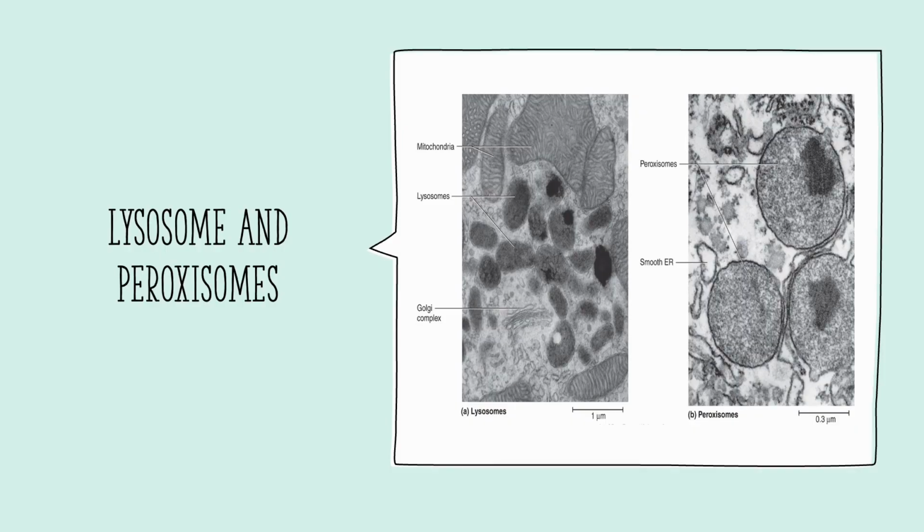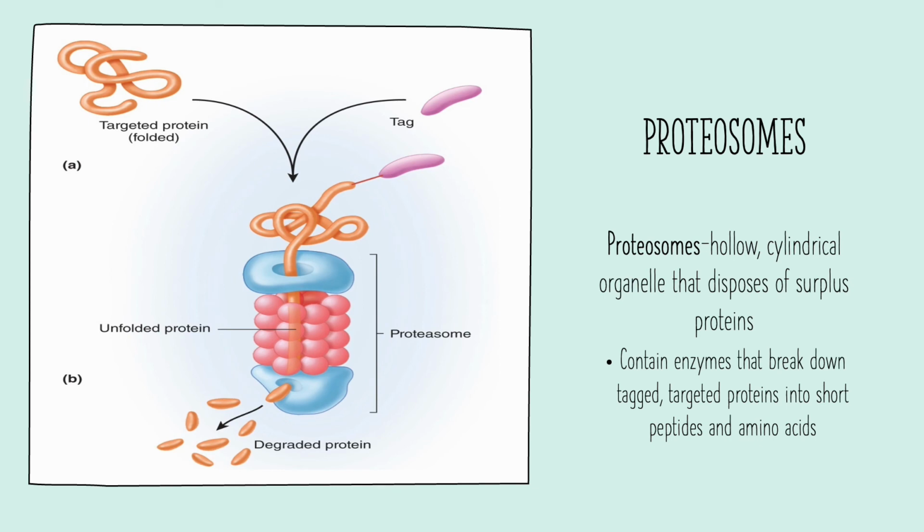Here's another picture. Here's a picture of the lysosomes and the peroxisomes. You can study it, look at it, so you have a clearer understanding. Here is a diagram of the proteasomes. Proteasomes are hollow, cylindrical organelles.